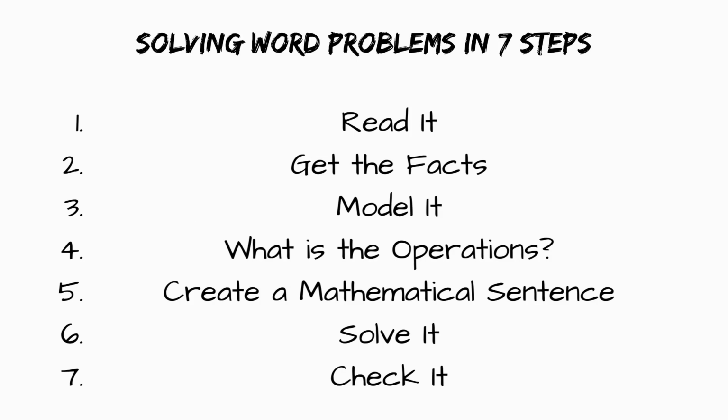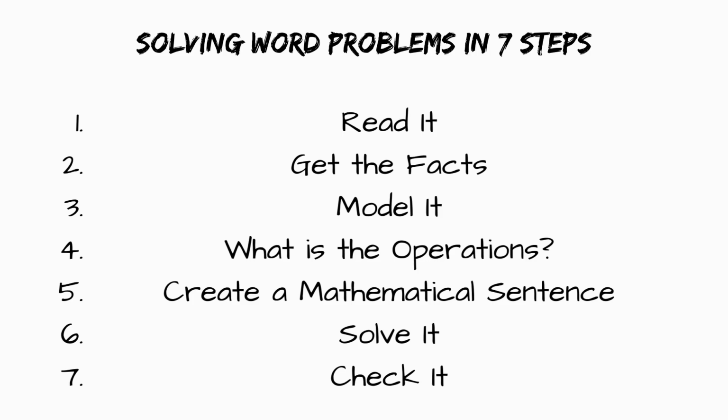Number one is read it. Number two, get the facts. Number three, model it. Number four, what is the operations? Number five, create a mathematical sentence. Number six, solve it. And number seven, check it.